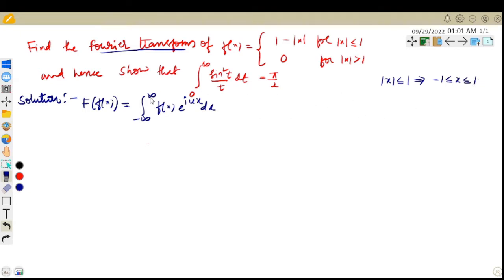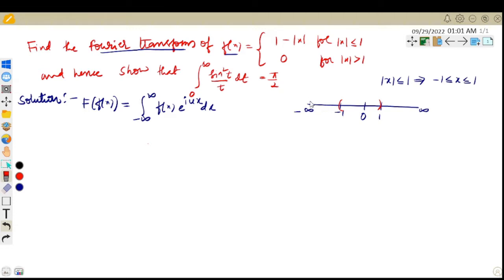I told you already how to use the value of f of x inside this range, that is minus infinity to infinity. So draw a number line. Middle value is 0, left side is minus 1, right side is 1. Only in this interval minus 1 to 1, the value of f of x is 1 minus modulus of x.